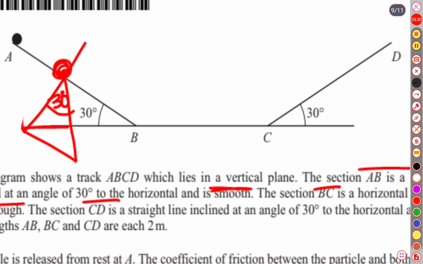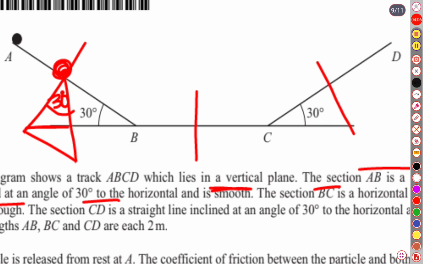Then for the part BC, it is actually a horizontal straight line. That's why we will just draw a straight line. It will show the direction, because weight and normal reaction force lie along the same vertical line. Then for the second part, this is the normal force and weight is acting downward.